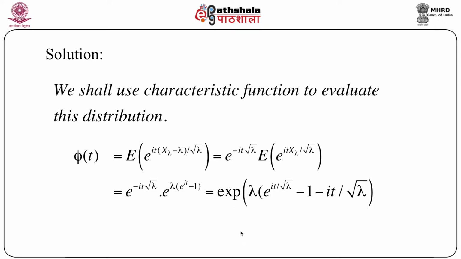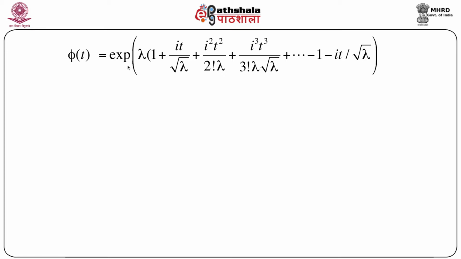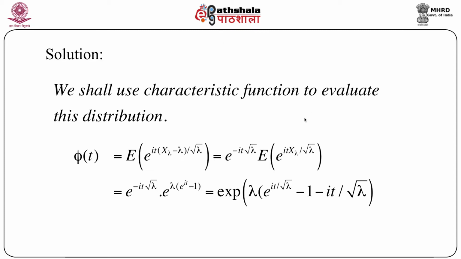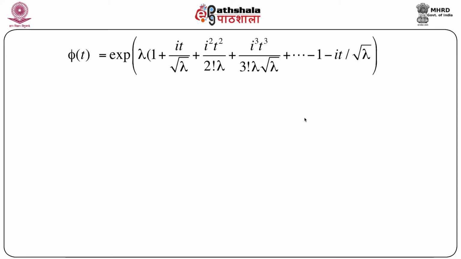So phi(t) becomes the exponential of lambda times: 1 plus it by square root of lambda plus i square t square by 2 factorial into lambda plus i cube t cube by 3 factorial into lambda into root over lambda plus dot dot, and whatever other terms are left, minus 1 minus it by square root of lambda.